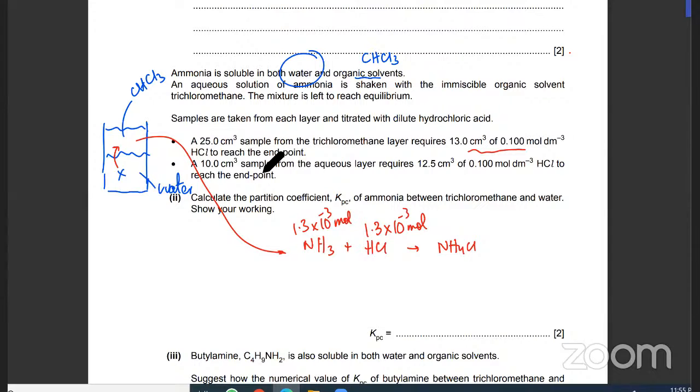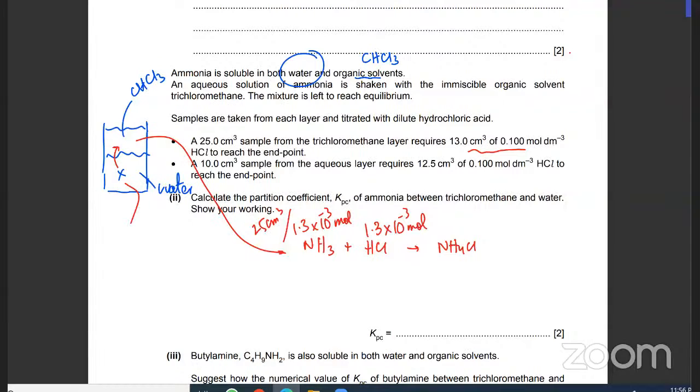Same thing, and it's a 25 cm³ sample, right? This is a 25 cm³ sample that's taken.